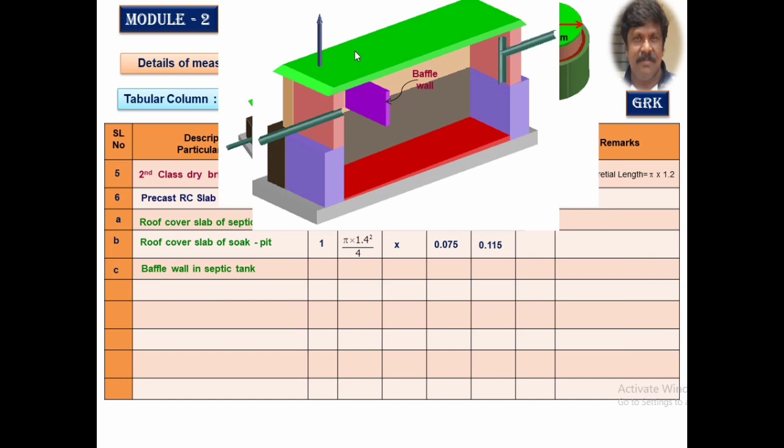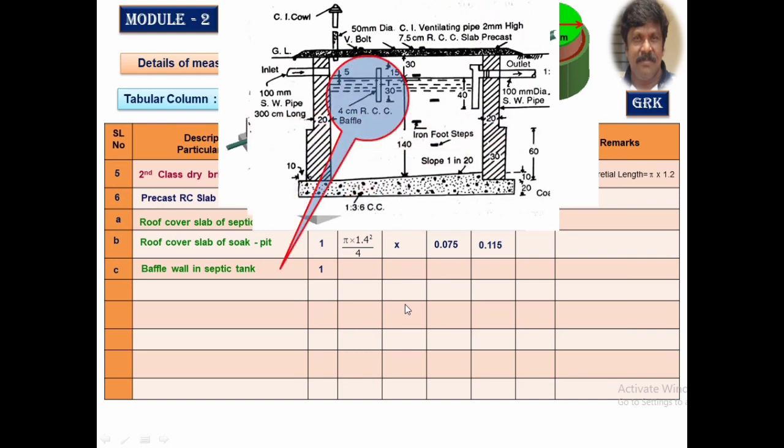openings. Now you see the baffle wall here, it is also a precast element. I told you a bearing has to be taken of 5 centimeters on either side. We will calculate the length. The clear dimension is 90 centimeter. It is 5 centimeters the bearing plus clear dimension 90 centimeter and 5 centimeter the bearing on the other side.